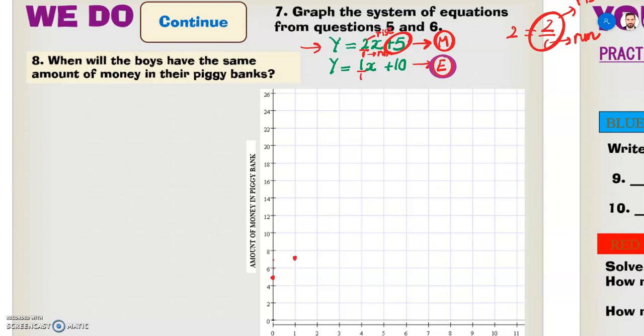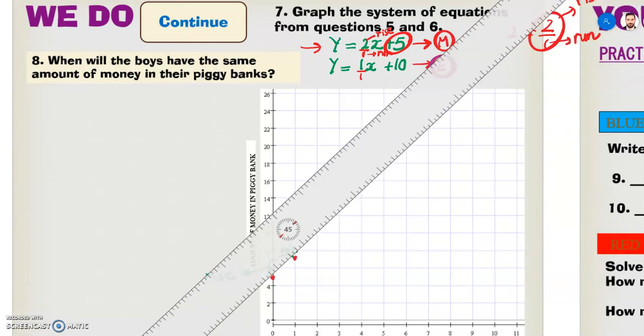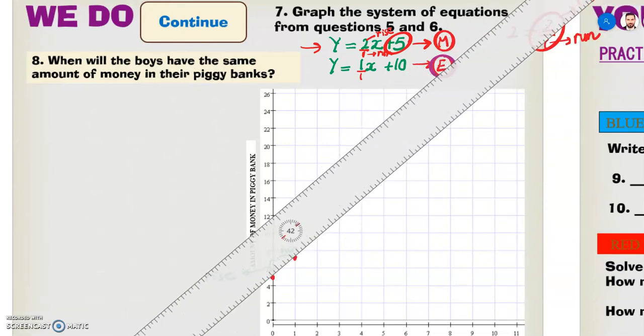Here is your second point: 2 rise and 1 run. Okay, I will draw the line by using a ruler. I will draw a line in red because I said I'm going to represent Mark as a red line.